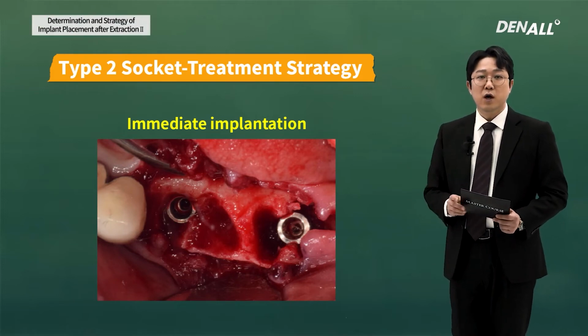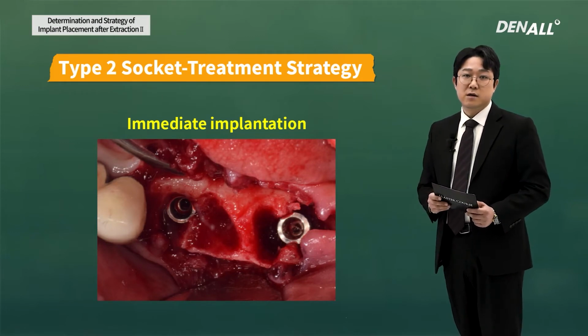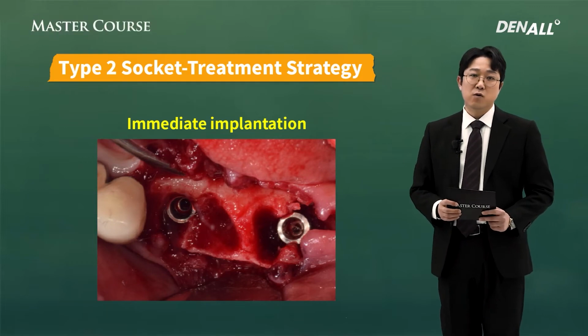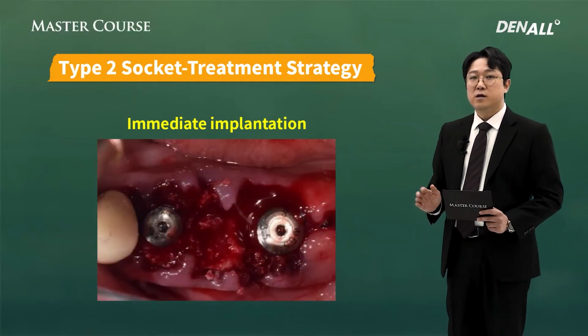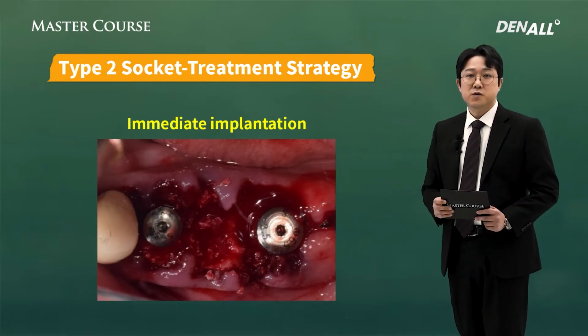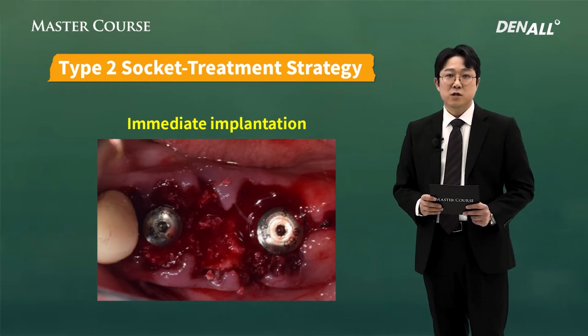The socket shape was rather sound and there was no soft tissue atrophy, so it was not an easy immediate implantation case, but there were no major obstacles. In the case there's a bone defect, you need to do bone graft, and if there's resorption in the bone wall, you can use membranes.